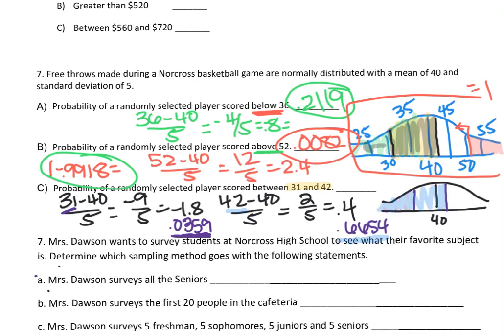So this part right here is the overlap that I need to subtract, and that will give me this part right here. So I'm going to say 0.6554 minus 0.0359, because I have to subtract this double overlapping here. That gives you your probability. So your probability of getting between those two numbers is 0.6295.